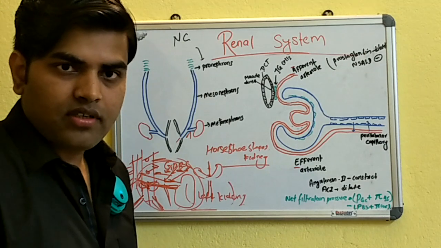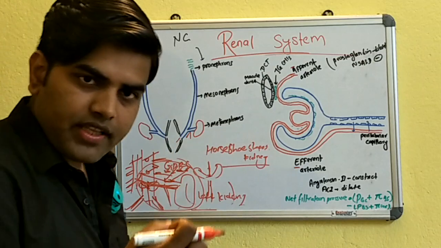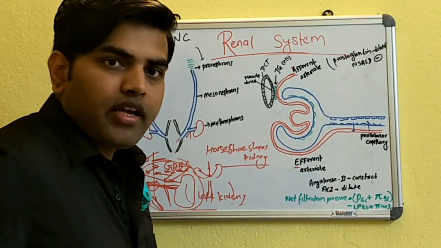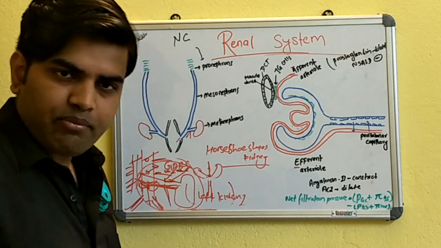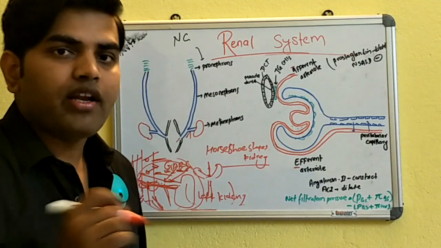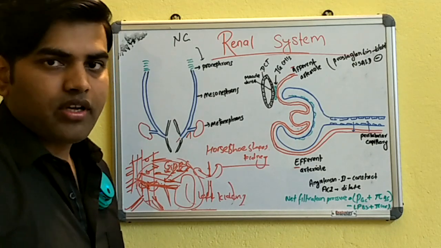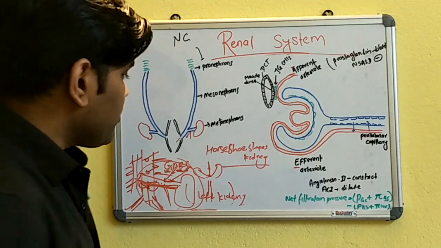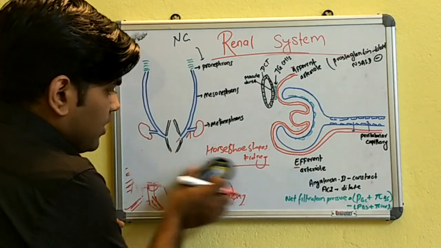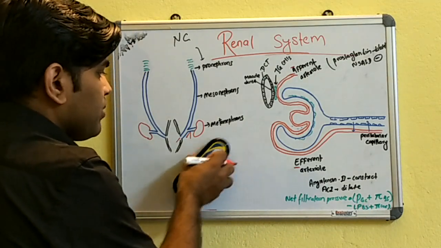If there is a donor, we take the left kidney because it has a long vein, and we transplant it into the iliac fossa, mainly the right iliac fossa, connecting the renal artery and vein with the iliac artery and vein. So it can be asked that since the left renal vein has a long course, it can be used for transplant.